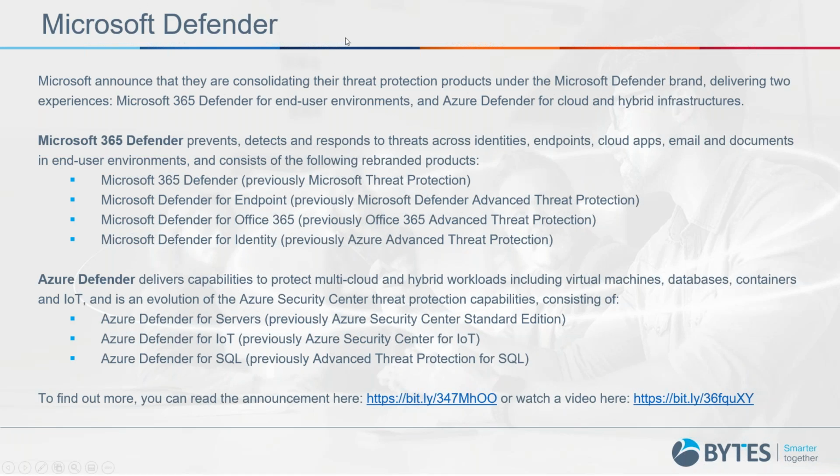There have also been some name changes, with Microsoft changing the Advanced Threat Protection suite of products to Microsoft Defender, and evolving Azure Security Center into Azure Defender for cloud and hybrid solutions.